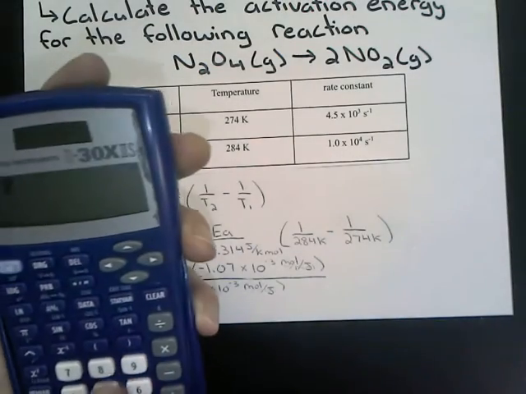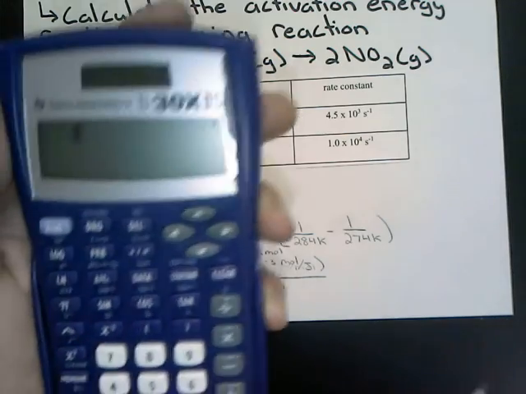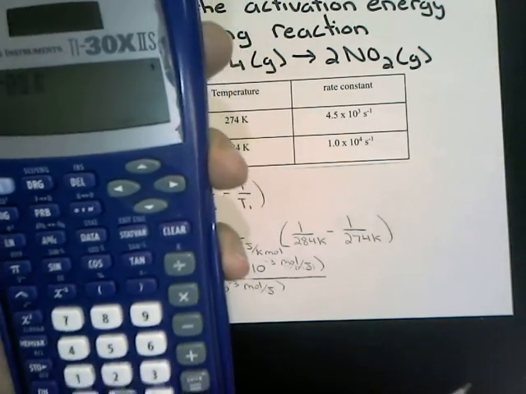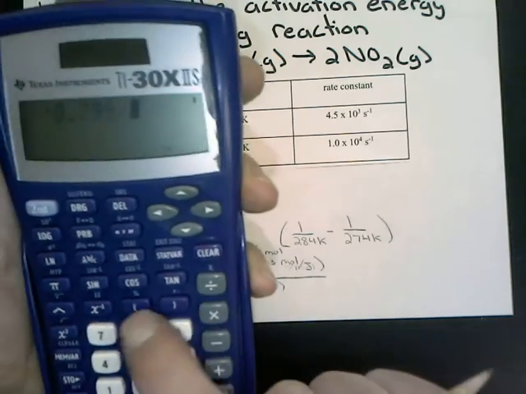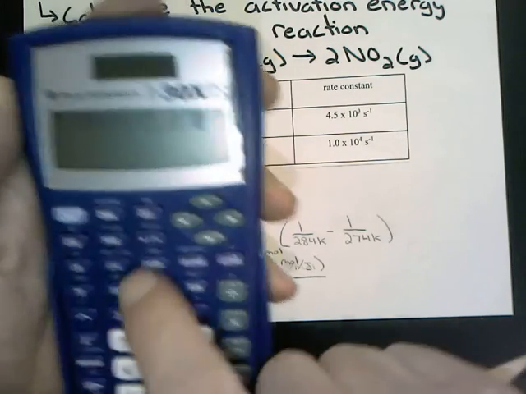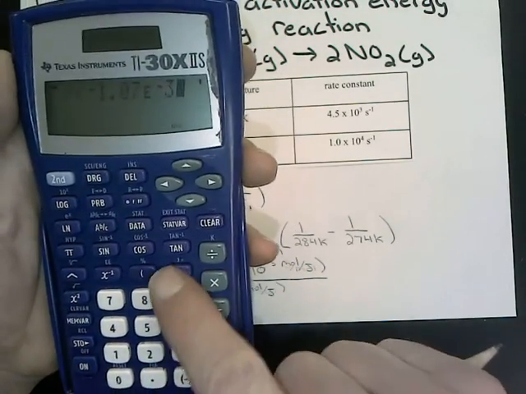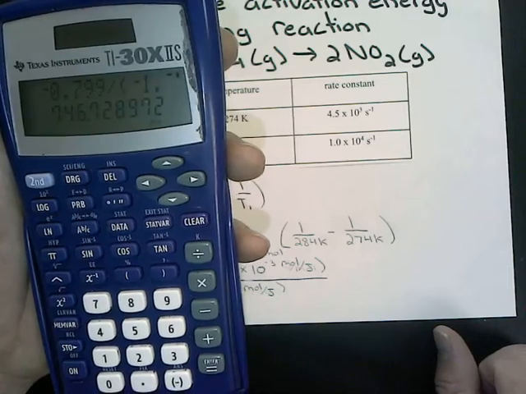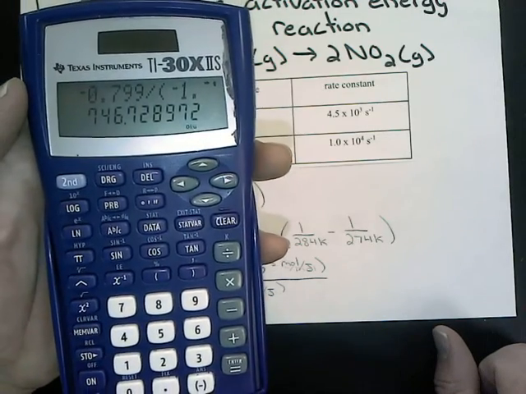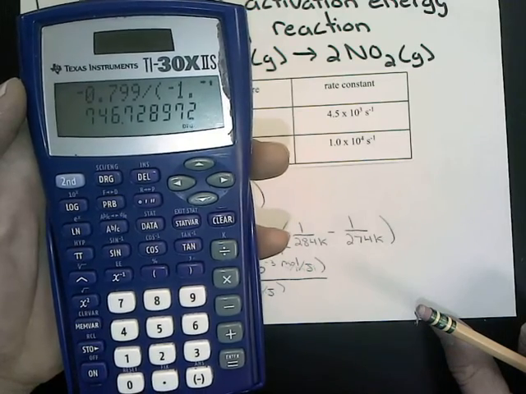So what we're going to do here, we're going to take negative 0.799 and divide it by negative, very important, 1.07 times 10 to the negative third power. We press enter. We're going to round to 3 significant digits. Well, you could really round to 2 significant digits.